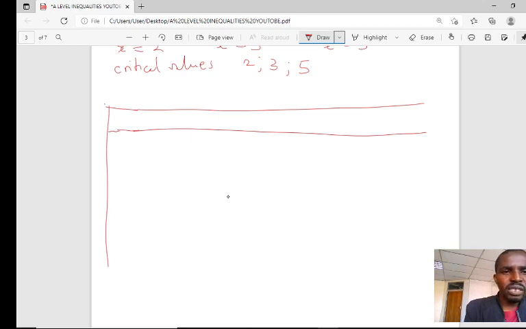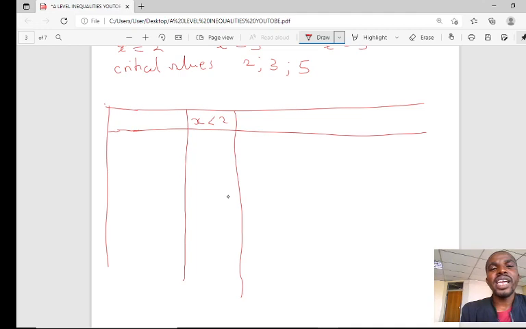Right, so the first part, let me write it like this. The first part must be x less than the smallest number on the critical values actually. Which one is the smallest one? It's 2. X less than 2. Then the second one, x between 2 and 3.